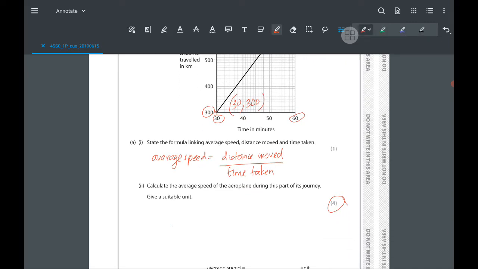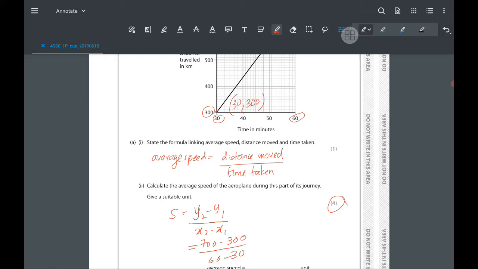If I'm using gradient, I'll say S equals y2 minus y1 divided by x2 minus x1. Then I will take this value 700 minus 300 divided by 60 minus 30.